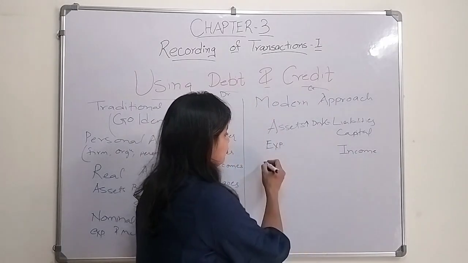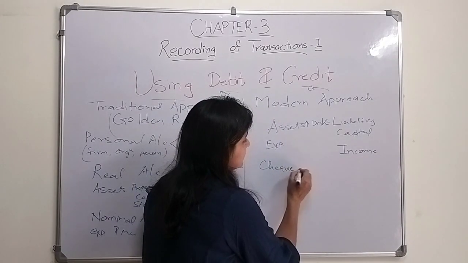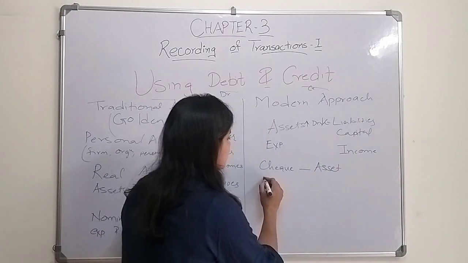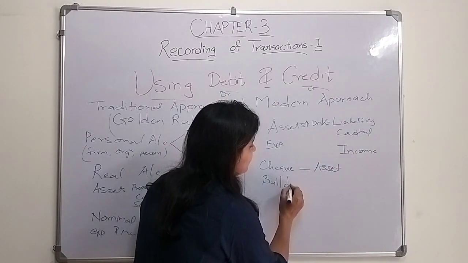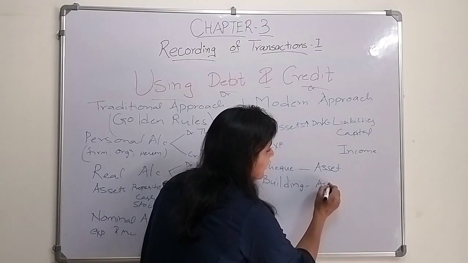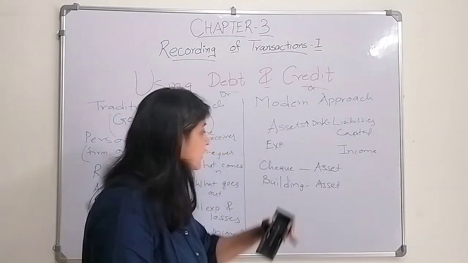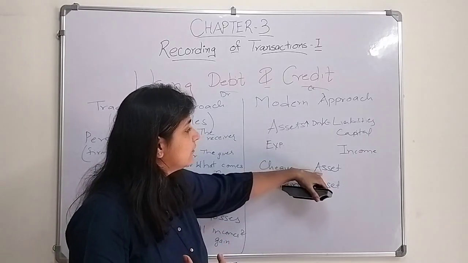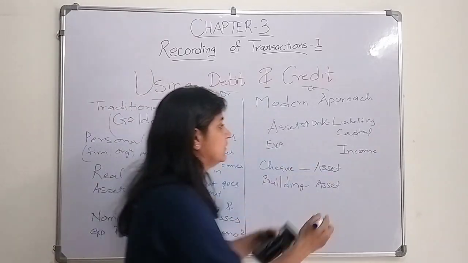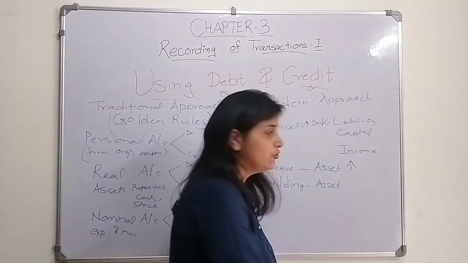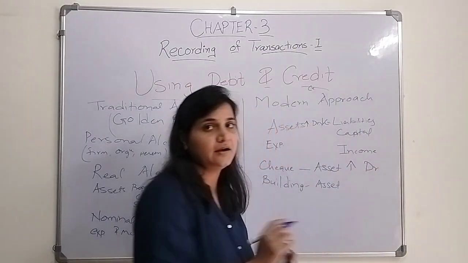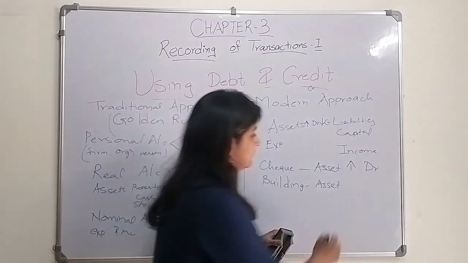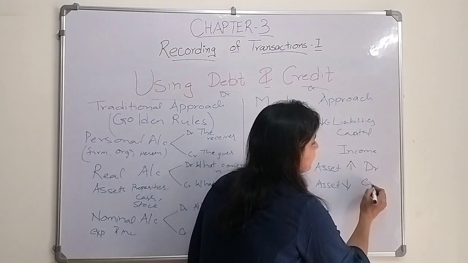Cash at bank, check, is an asset, and the building which I sold, that is also my asset. Now when I received a check, what happened? My asset increased. What will I do here? I will debit it. Building, my asset decreased. What will I do here?